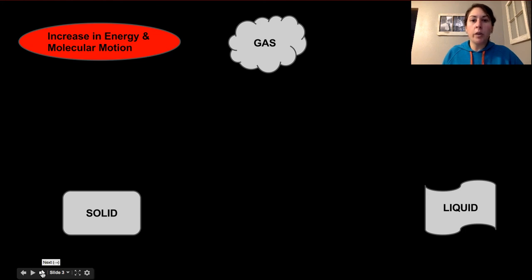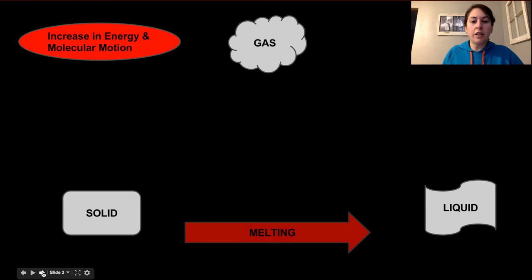Between a solid and a liquid, if we're going from a solid to a liquid, we're going to be increasing our thermal energy and increasing our molecular motion. So we go from when these guys were vibrating to when they're freely flowing past one another.